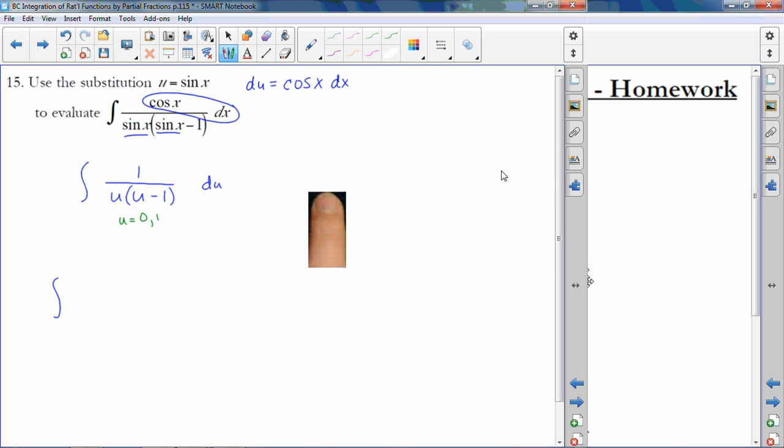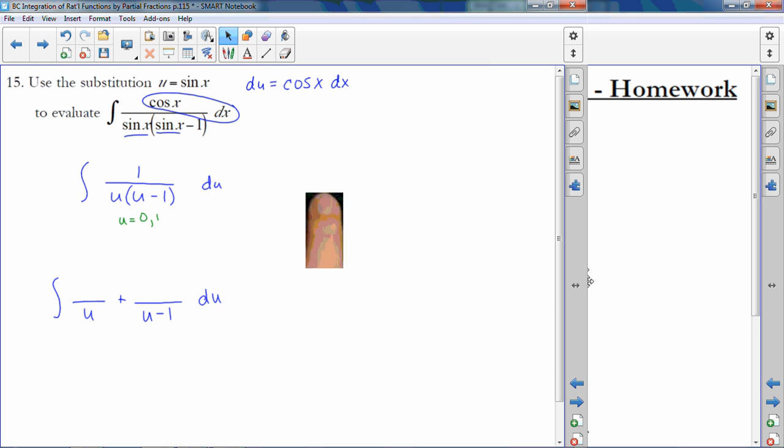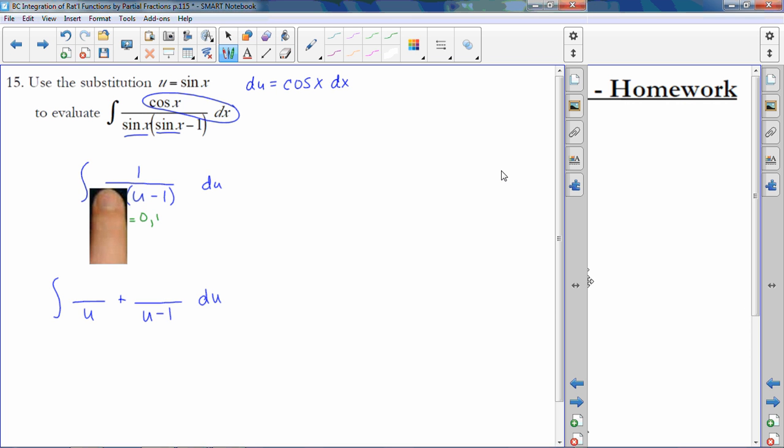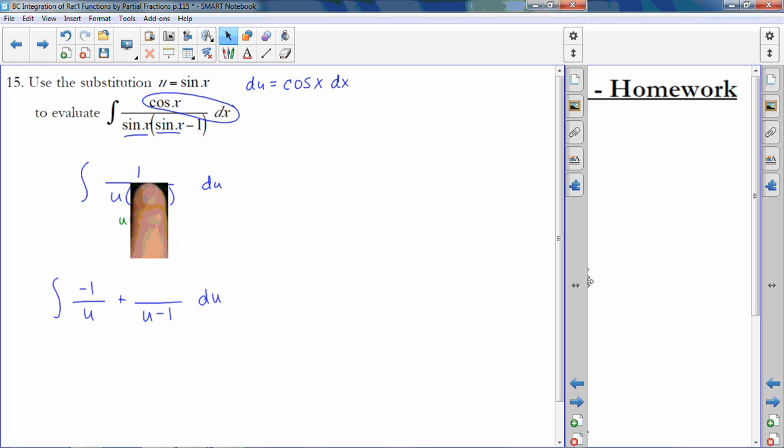All right, one denominator is going to be u, plus the other denominator is u minus 1. All right, so let's plug in our 0. Cover that up. 1 over 0 minus 1 is negative 1. And then we'll plug in our 1. 1 over 1 is positive 1.